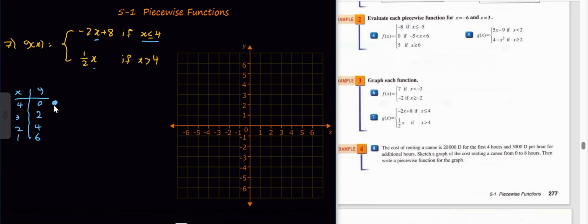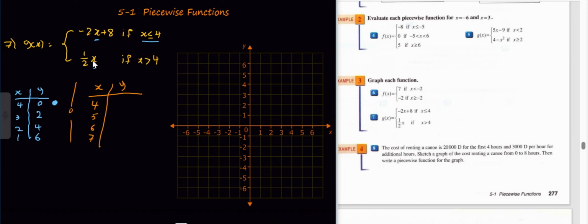For the second table, we have x and y. Here we start from 4 and x is greater than 4. It means we have 5 which is greater than 4 and 6 and 7. We take 4 points for both of them.